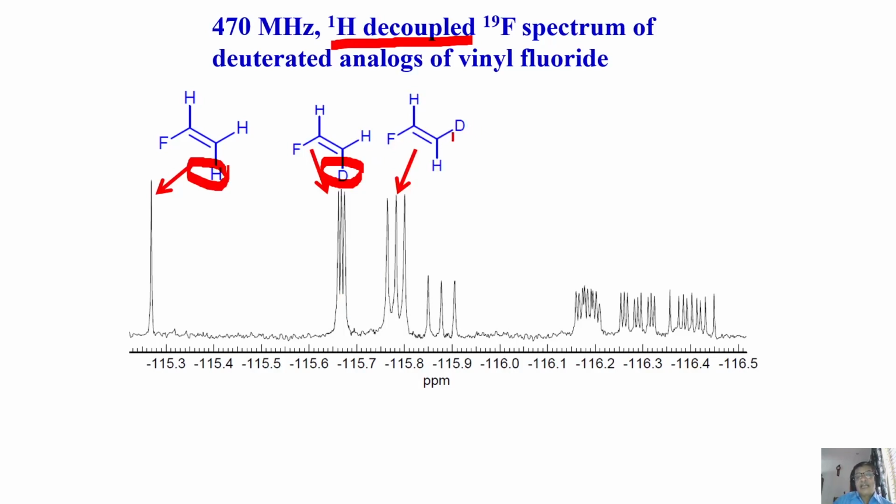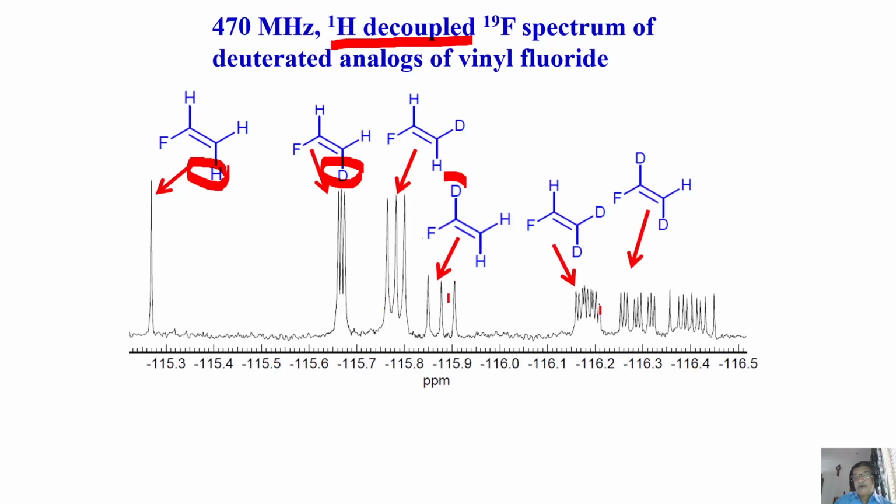Very interesting, because it is a trans coupling. This is a cis coupling. You are going to get this. When the deuterium is here, you get this. When two deuteriums are here, you get this. And two deuteriums in the trans position, two deuteriums in the geminal position, and two deuteriums in the cis position. Fantastic spectrum.